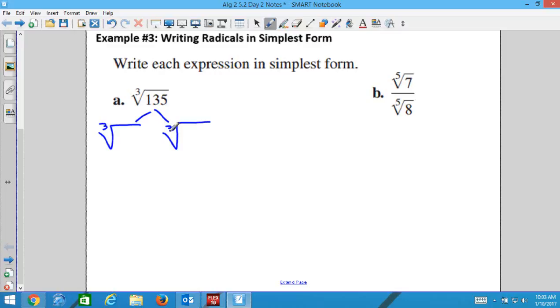So if you do not remember your perfect cubes, then make a list off to the side. Like 2 cubed is 8. 3 cubed is 27, 4 cubed, 64, 5 cubed, 125. What goes into 135 evenly from the cube list, if anything?